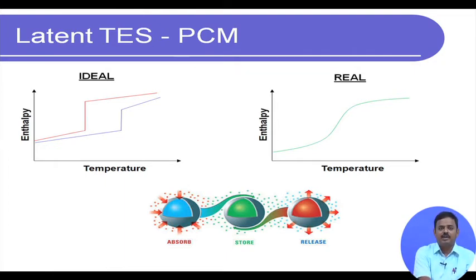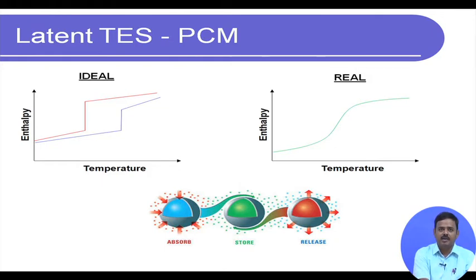As I keep applying heat, the temperature does not rise beyond this, but the enthalpy increases at a constant temperature because of the change of phase. Once it has completely melted, as I keep heating it in the liquid state, because of sensible heating the enthalpy goes up and so does the temperature.